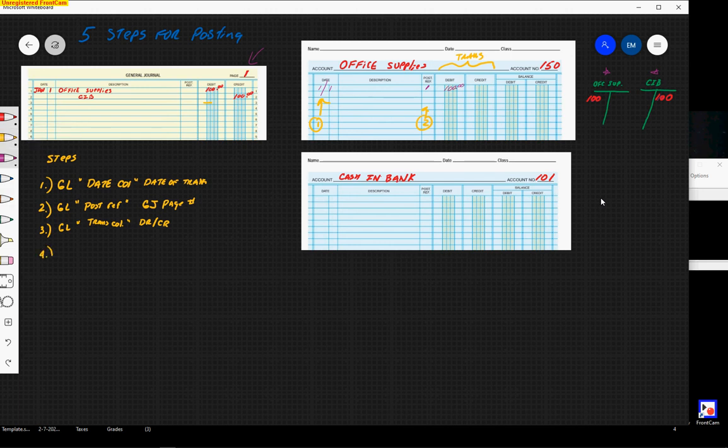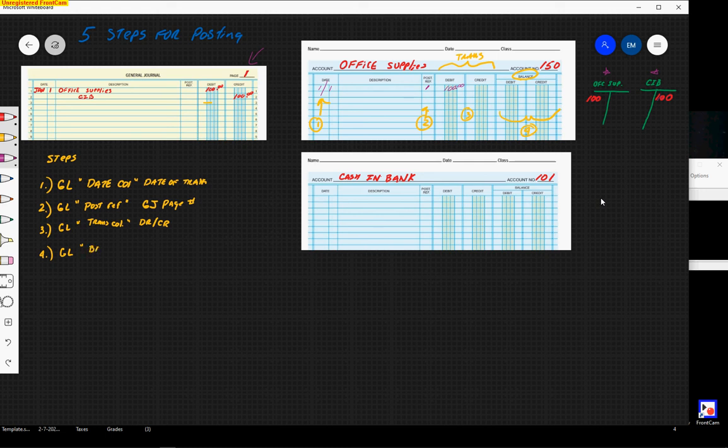Fourth step, what form? General ledger. You see a little pattern here? Where on the form? Well, we are talking about calculating a new balance, right? So this is the 4th step, balance. Well, there's no previous balance to speak of, so that $100 is going to be very easy to deal with. So what form?